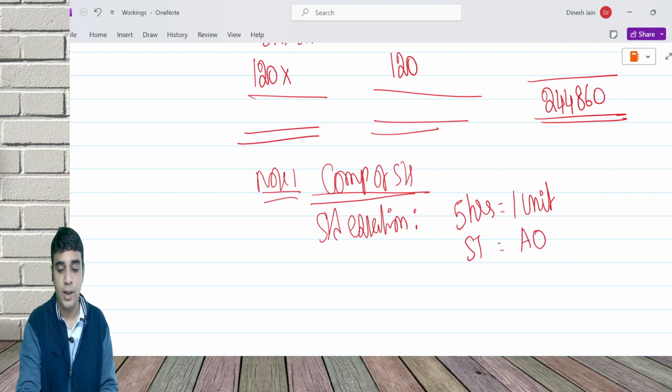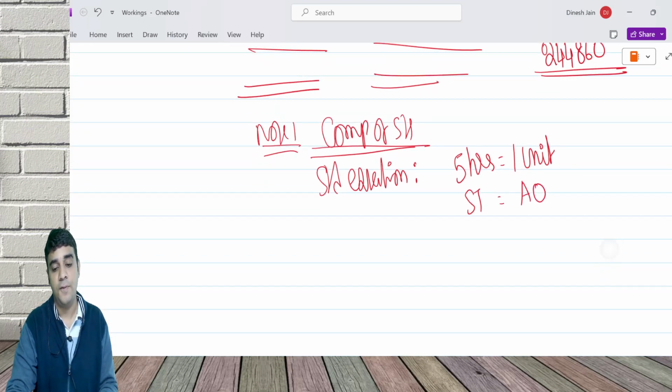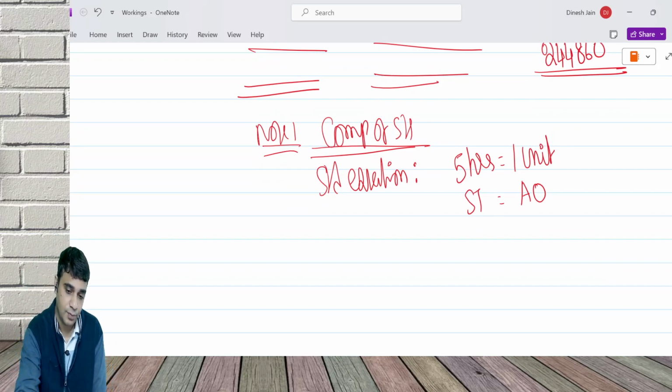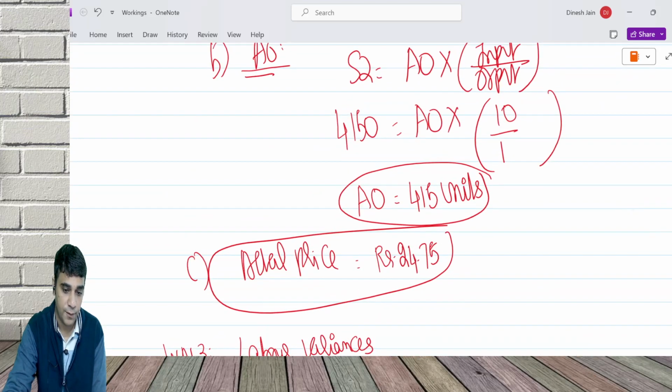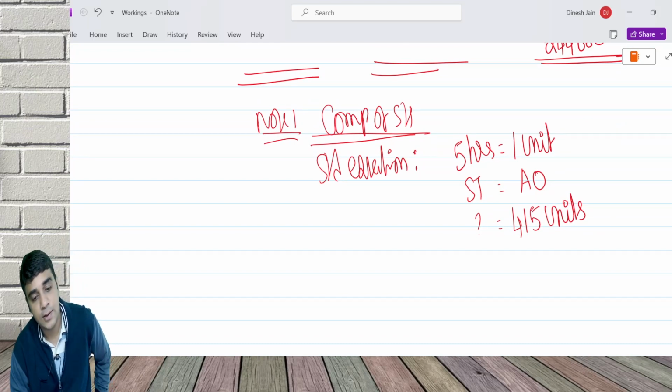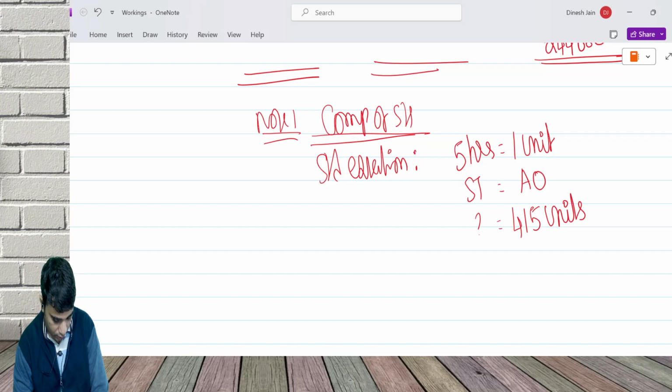ST equal to AO: 5 hours equal to 1 unit, standard time equal to actual output, question mark equal to 415 units. You calculated this earlier. 415 was a calculation done by you earlier.